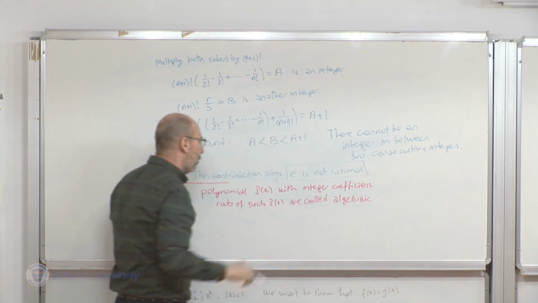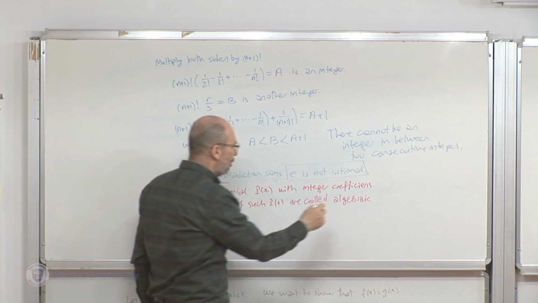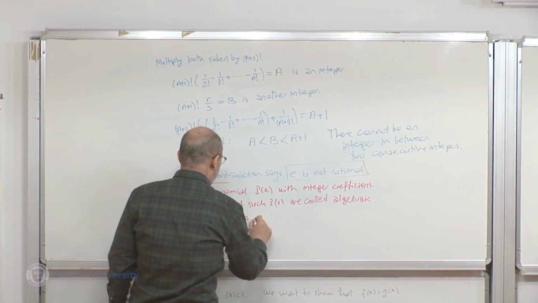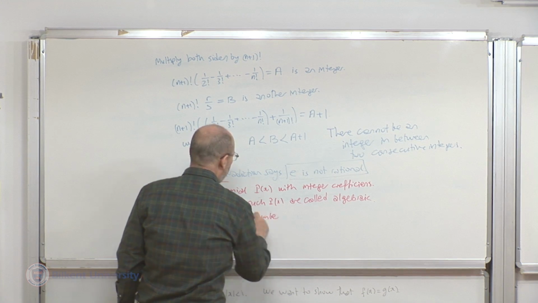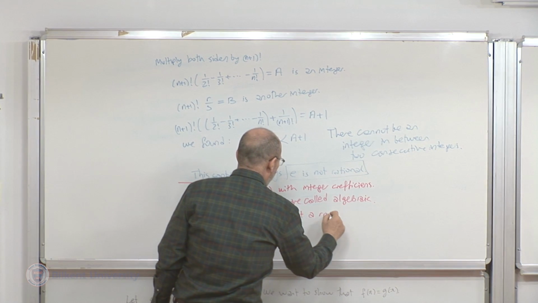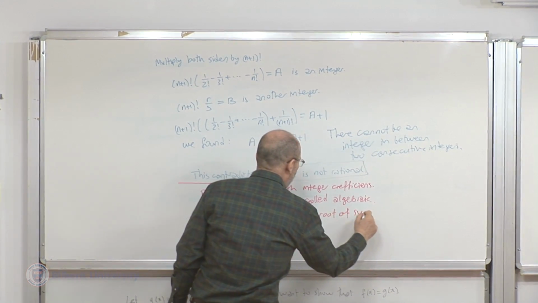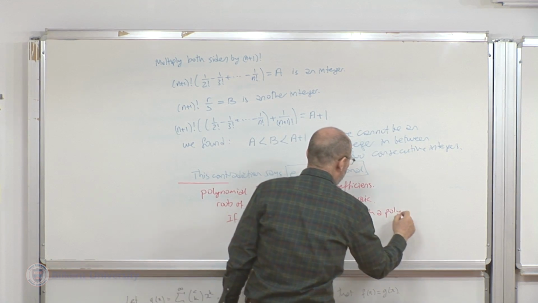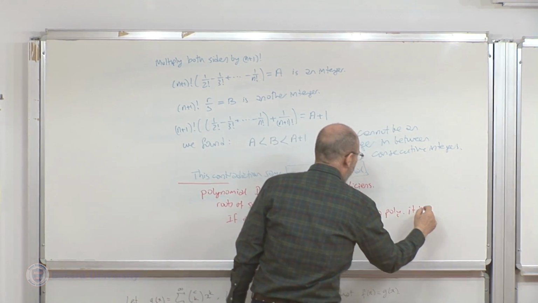Algebra always involves polynomials. If a real number is not a root of such a polynomial with integer coefficients, it is called transcendental.